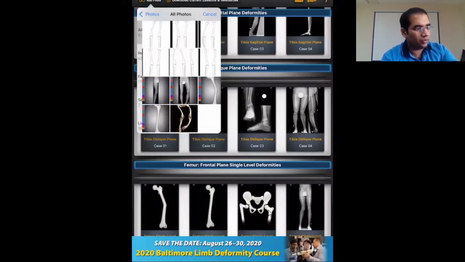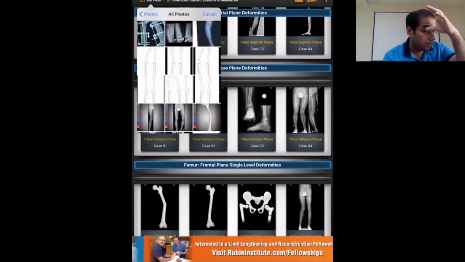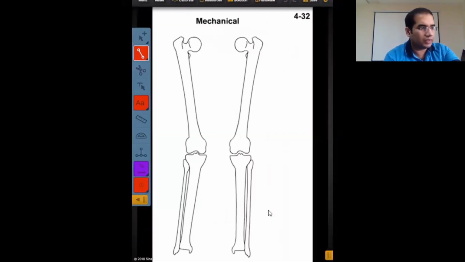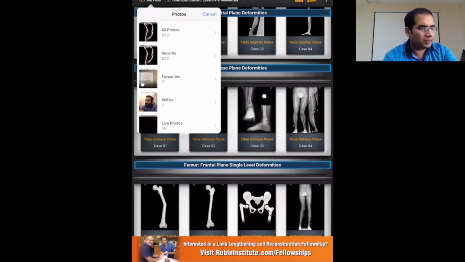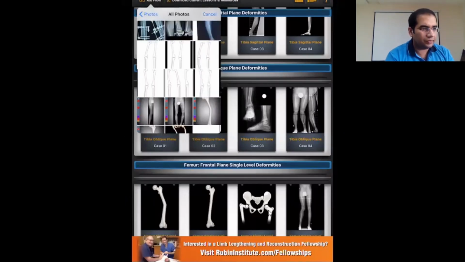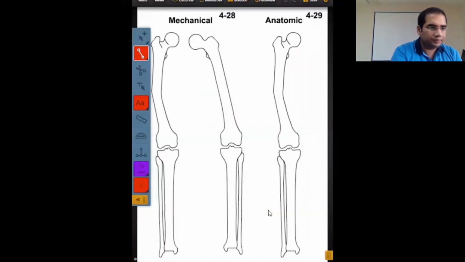Let us do rehearsal on another X-ray. No, let's first do rehearsal on this X-ray. Okay, this will tell us about the deformity in the mid shaft, how to calculate it.